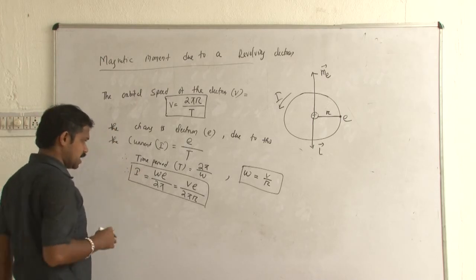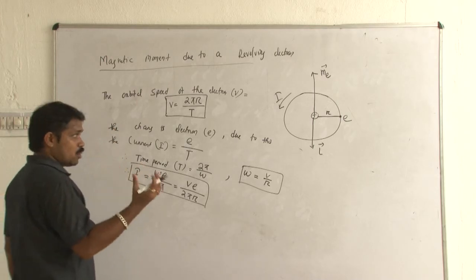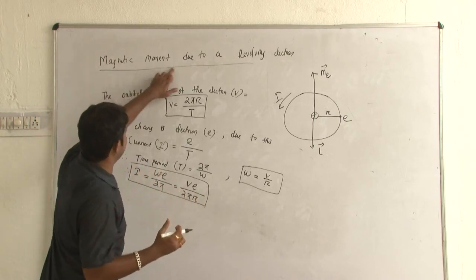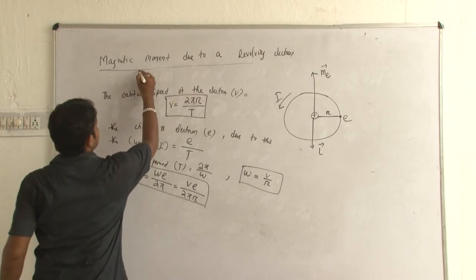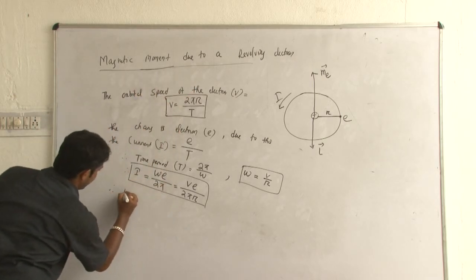Now we have to find out what is our aim. Our aim is to find the magnetic moment. What is the expression of the magnetic moment?